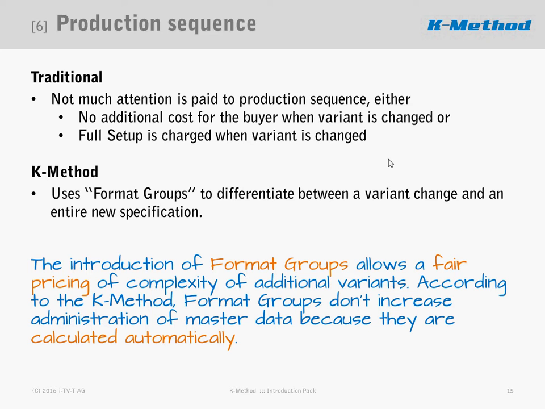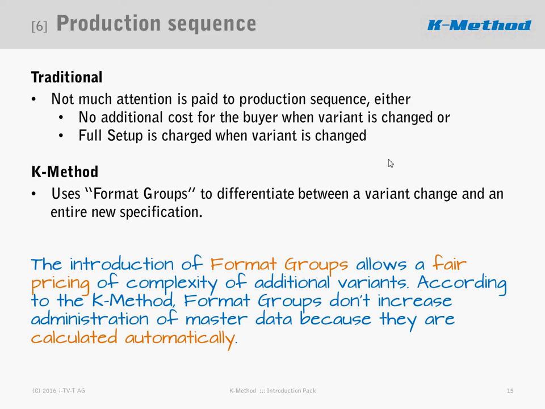Sometimes just a changeover, which is much cheaper, is sufficient. So if you have such an optimal sequence, you will minimize the number of setups, and you will maximize the number of cheaper changeovers.